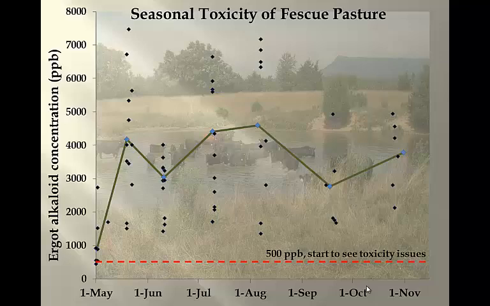And you can see how much variation there is there. I will show you in a minute some individual farms, and some of them are going to track very high, some of them are going to track very low. I don't think that is the main point to take home. I think the point to take home is that they're all very high. They all have quite the potential to cause problems.